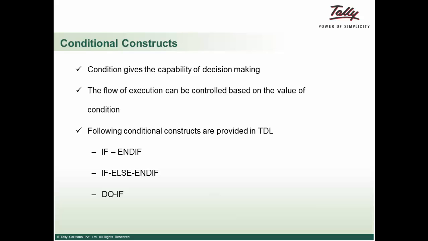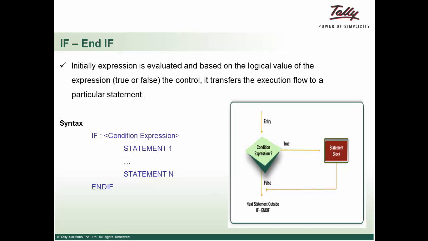So there will be a series of statements between if and end if. Only if the criteria is true, then the set of statements will be executed. Initially, the expression is evaluated and based on the logical value of the expression, it transfers the execution flow to a particular statement.